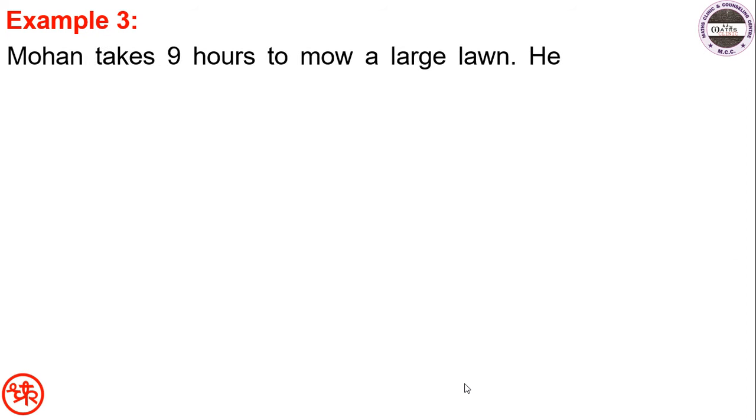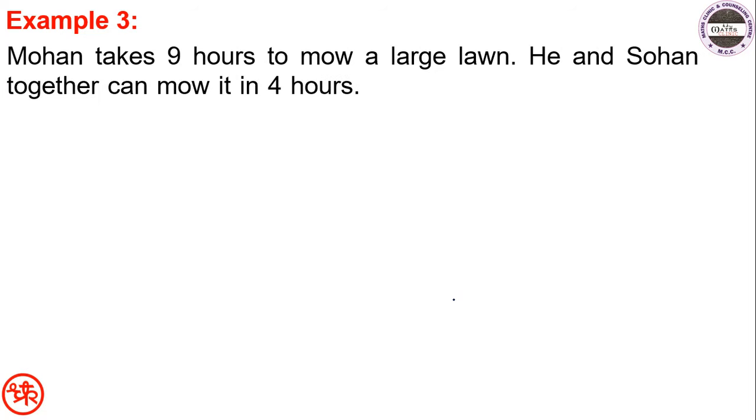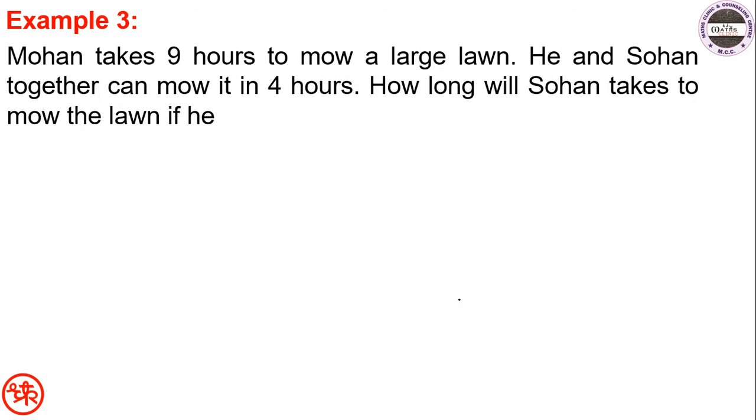Okay, so let us see example 3. Okay, what is example 3? Mohan takes 9 hours to mow a large lawn. He and Sohan together can mow it in 4 hours. Okay, is that clear? What is given here?